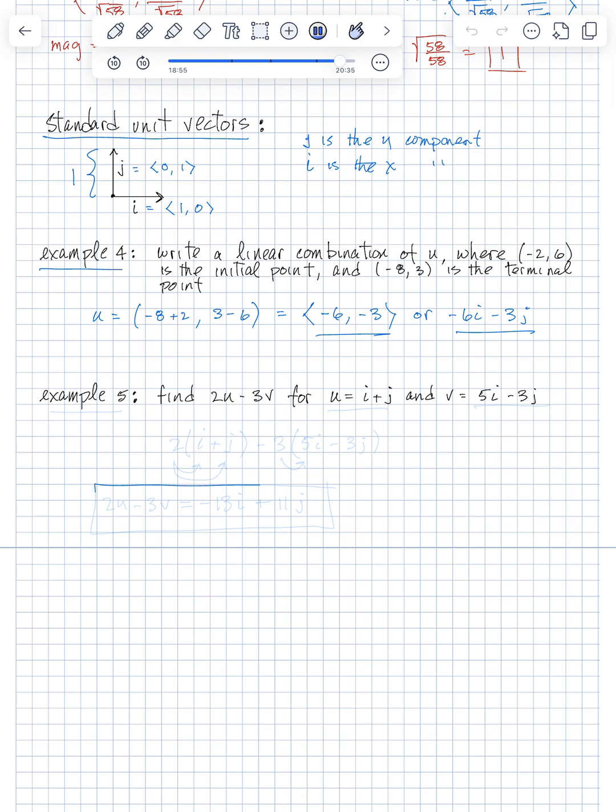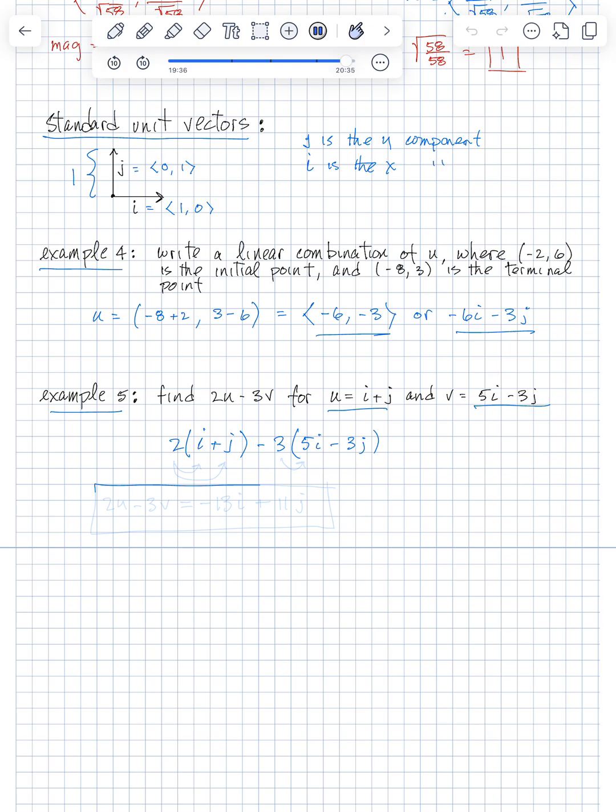Okay, last example, example 5. We want to find 2u minus 3v for u equal to i plus j, and v is 5i minus 3j. So we'll just write it. 2u is going to be 2 times u, which is i plus j, and minus 3v, where v is 5i minus 3j.